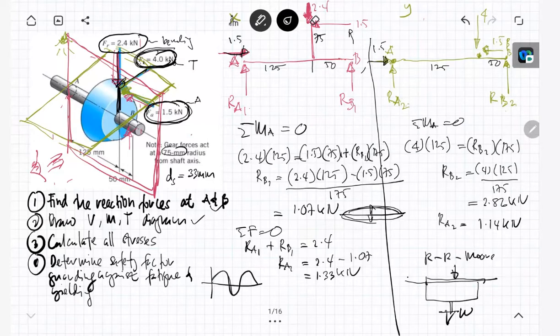Alternating. So sebab tu kita kira, kita dapatkan, we have to determine this sigma A, the alternating stress. Untuk radial, it has, but in these gears, it has no alternating.